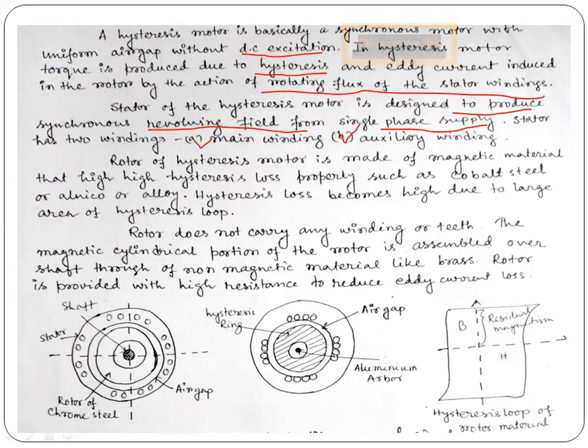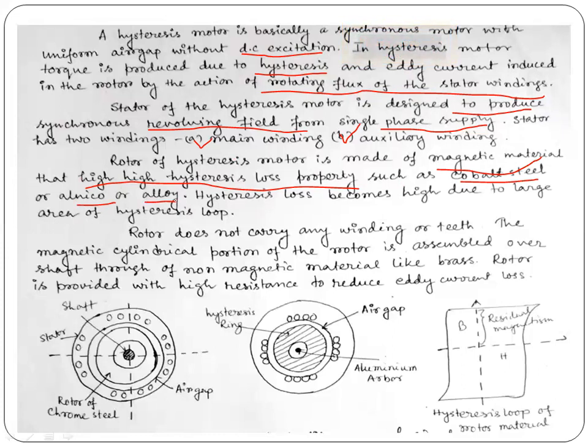The rotor of hysteresis motor is made of magnetic material that has high hysteresis loss property, such as cobalt steel or alnico or alloy. That means the rotor will basically utilize the phenomenon of hysteresis loss, and so we will use the material which has high hysteresis loss, and those materials are cobalt steel or alnico or alloy.